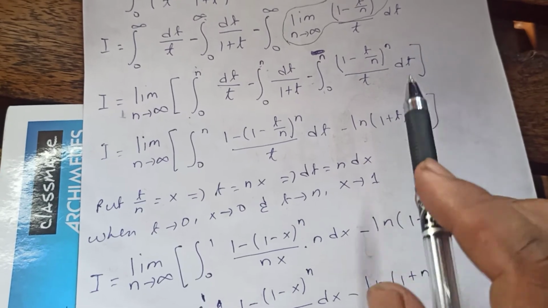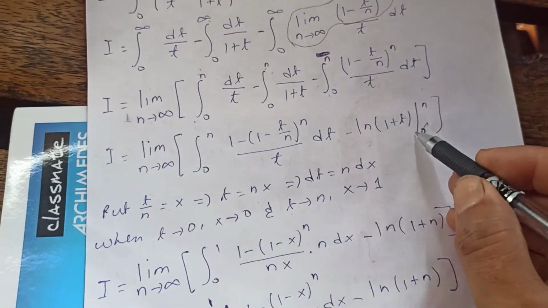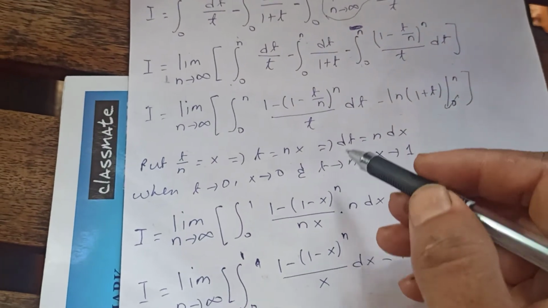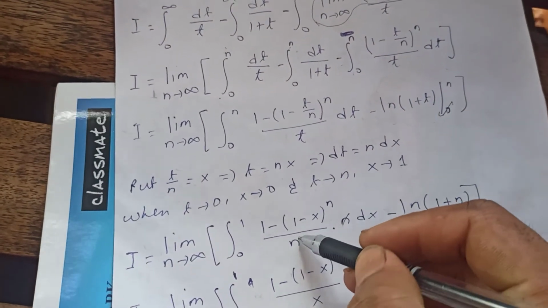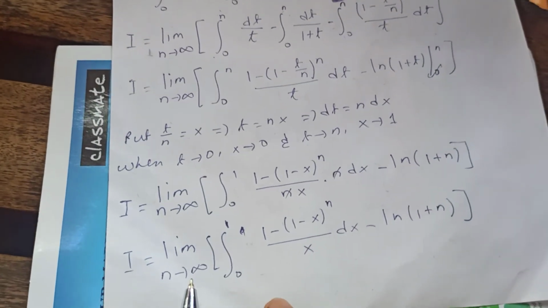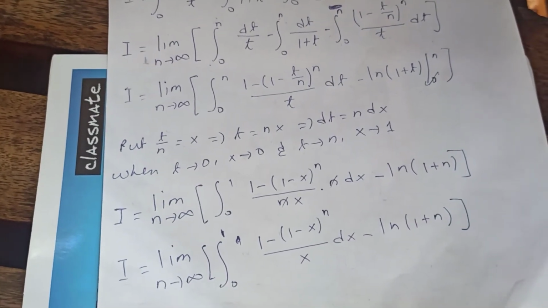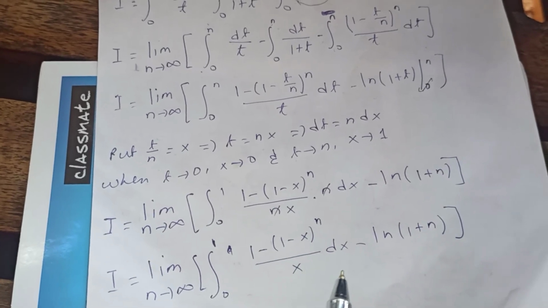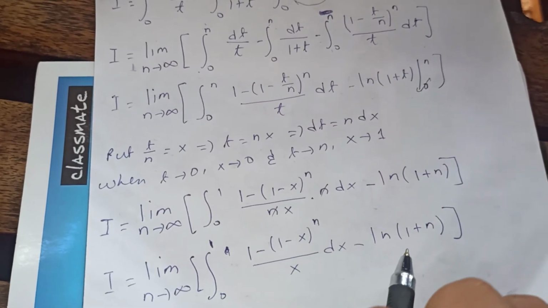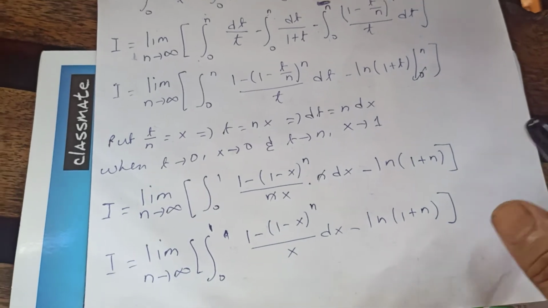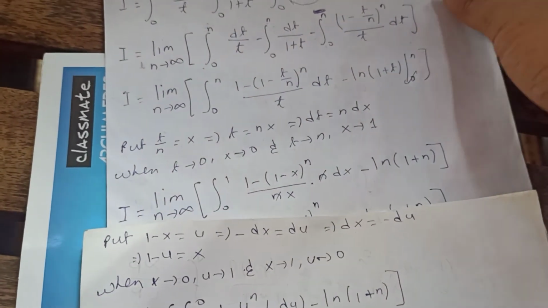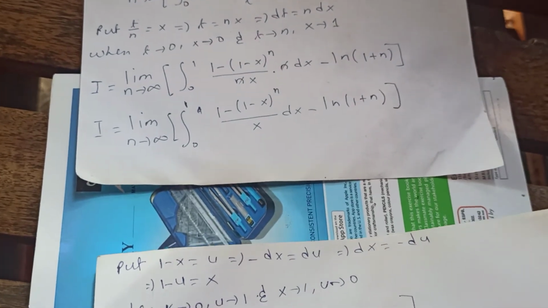Log 1 is 0, so that part is just 0, and you get log(1+n). Now the n and n cancel, so you get I equal to the limit as n tends to infinity of the integral from 0 to 1 of (1 - (1-x)^n)/x dx minus log(1+n). Now, next page, this will be the continuation.